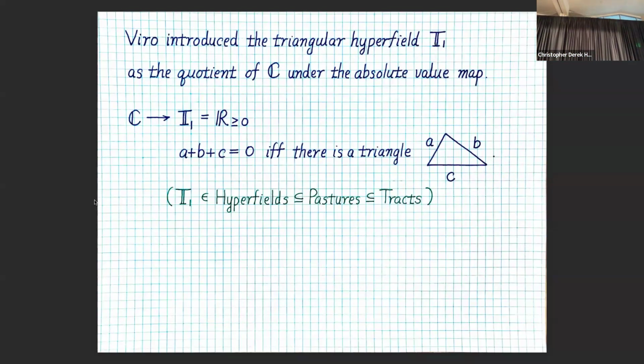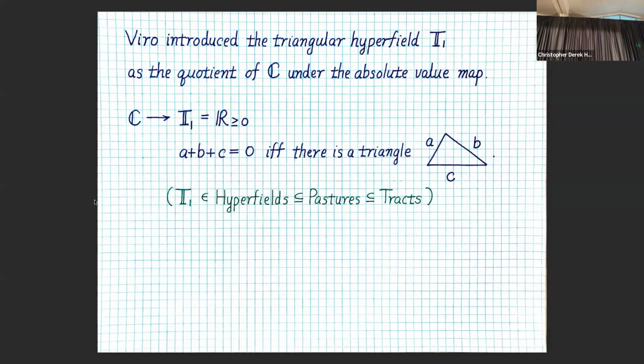And I'm going to consider the extra structure, the so-called additive structure on the target, which is just the ternary relation expressed as A plus B plus C is equal to 0. And I'm going to say that A plus B plus C equals 0 in the target exactly when there is a triangle with side lengths A and B and C.